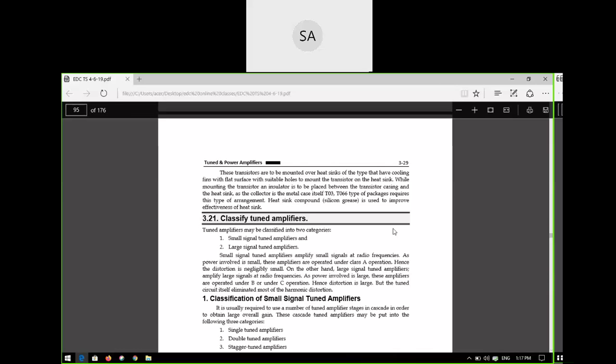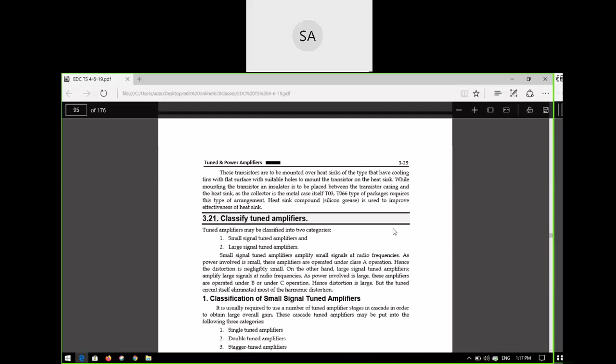That is the reason they are used for amplification, and the amplifier used is the class A power amplifier. Class A is used in small signal tuned power amplifiers, and the radio frequency range is also small, the low RF frequencies, 3 to 30 kilohertz.